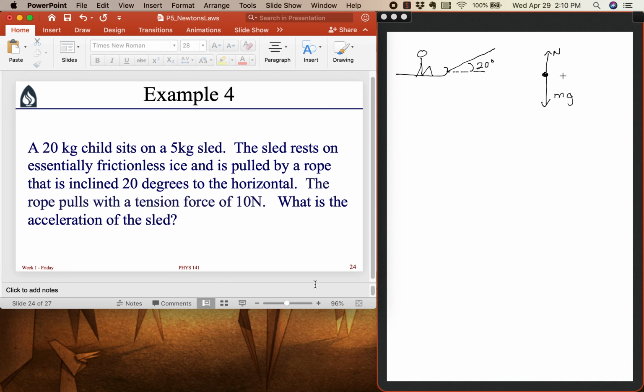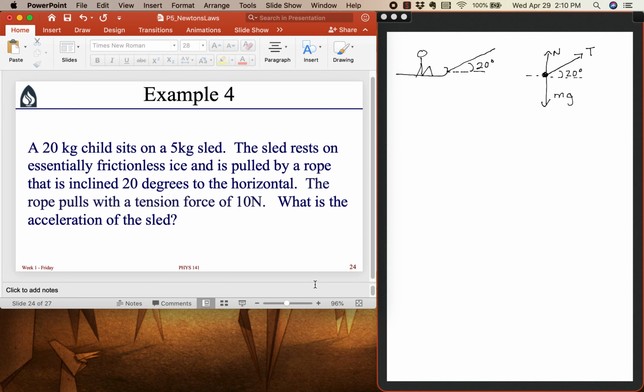So I have normal force going upward. And then of course the third force is the rope, and the rope is inclined 20 degrees from the horizontal. So that would be the tension force coming from the rope. So those are all the forces that act. The problem states I don't have to worry about friction in this case.